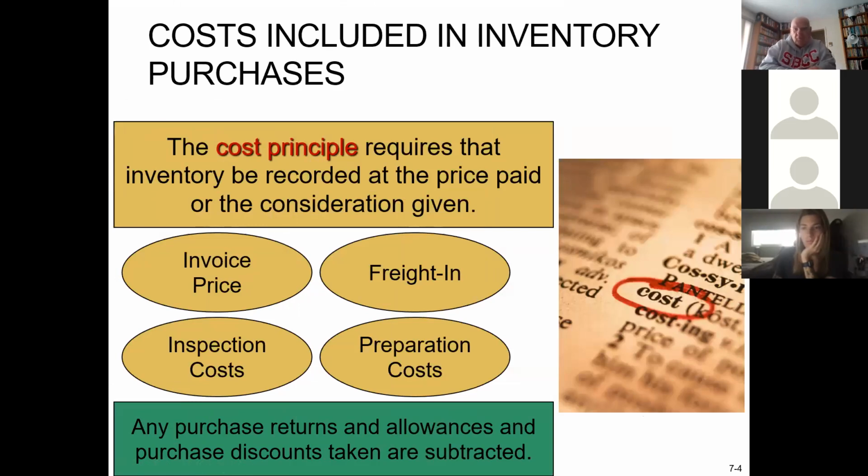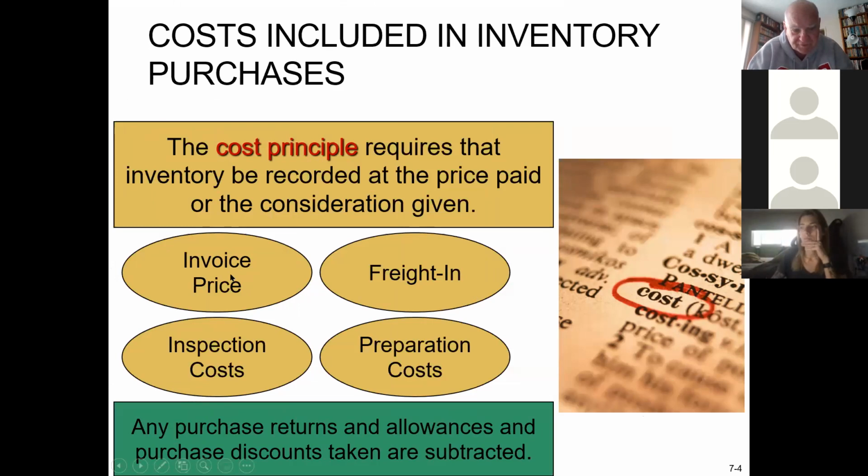So let's start off with the cost of the inventory itself. The inventory, of course, is going to be the invoice price just to begin. We buy a truckload of garments from New Jersey, right? And that truckload has to be brought over to us here in Santa Barbara.